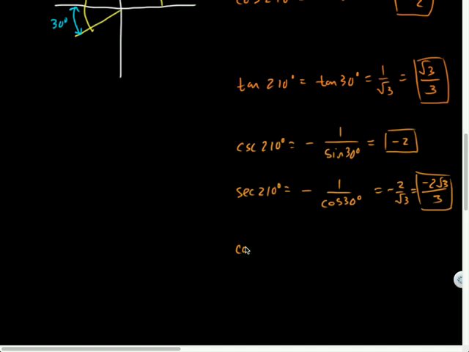And lastly, cotangent of 210. It's going to be positive just like its tangent buddy was. That's going to be the same as 1 over tan of 30. So if I reciprocate 1 over the square root of 3, that's just going to be the square root of 3 over 1, or just the square root of 3.